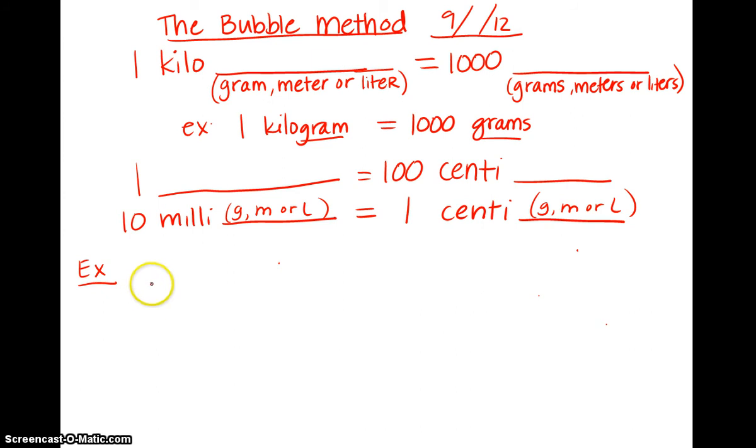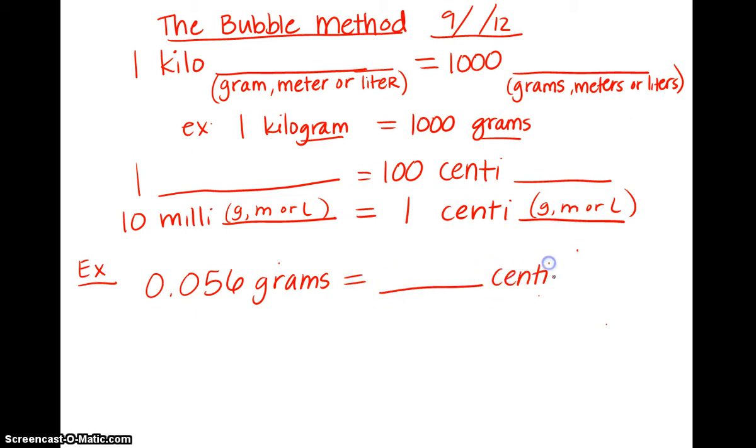Okay. Let's say we have 0.056 grams, and I want that in centigrams. Okay, first step, put what you're starting with over 1.